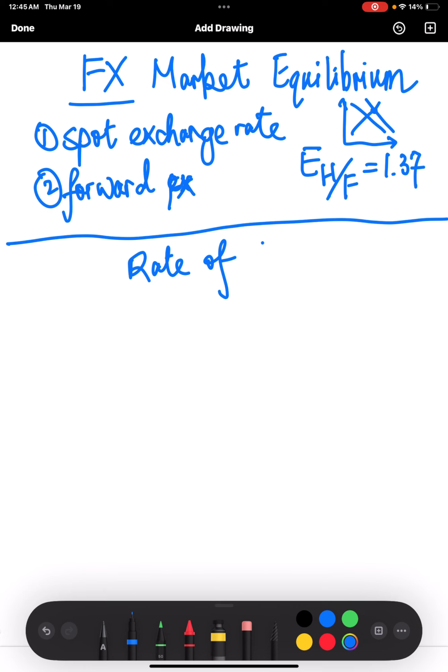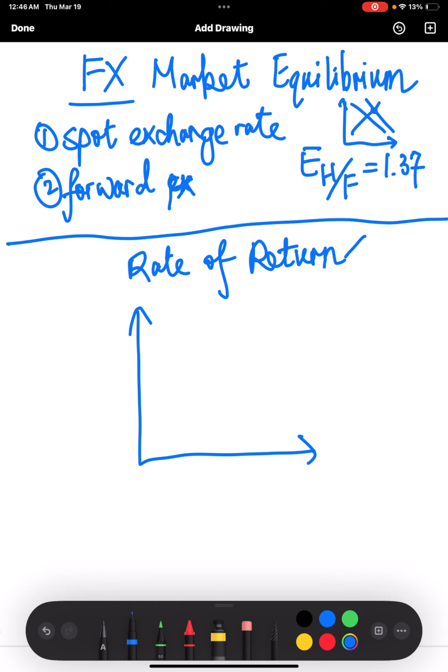So it's really looking at the rate of return of your financial assets point of view. So on this graph, you would have a rate of return at home, and then you will have a rate of return in foreign asset.